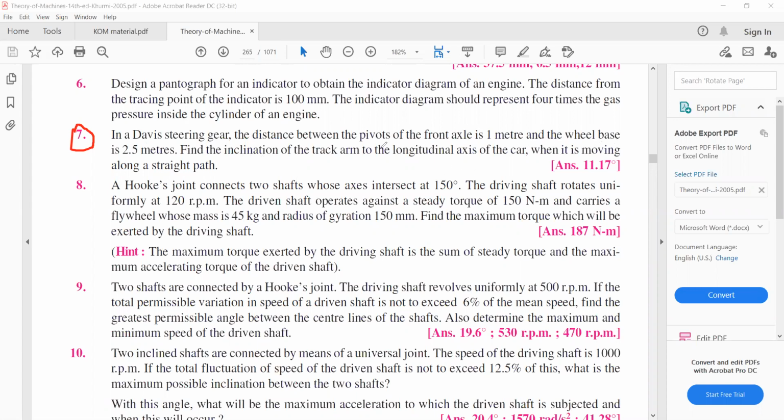Read the problem and see what you have to find. Anyone could tell? Find the inclination of the track arm to the longitudinal axis of the car. All of you try to solve the problem.